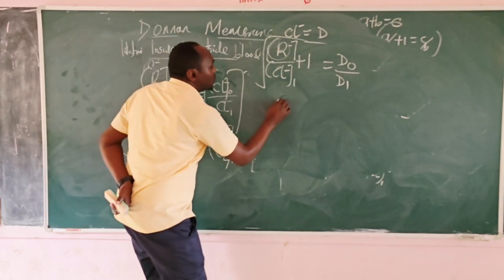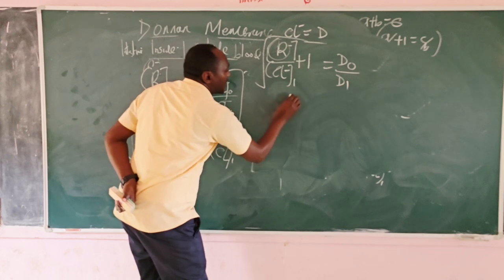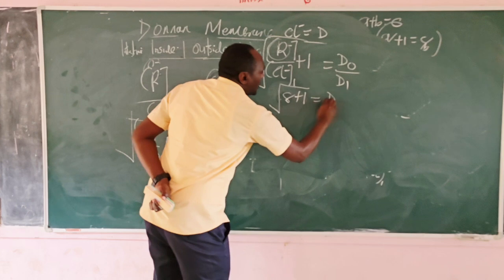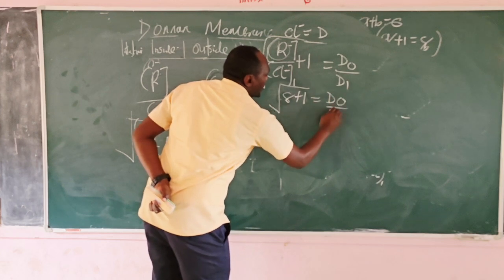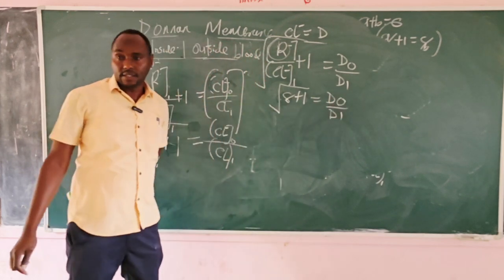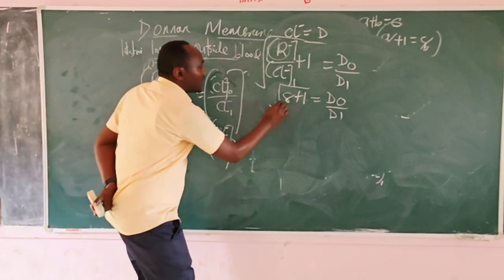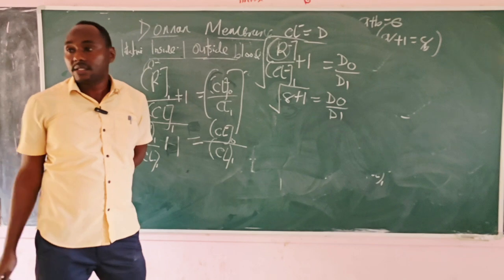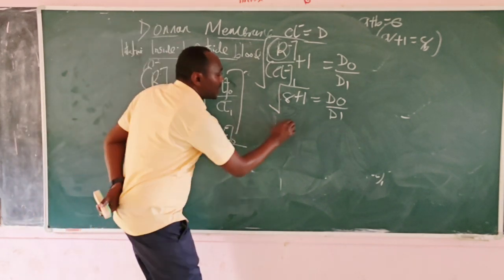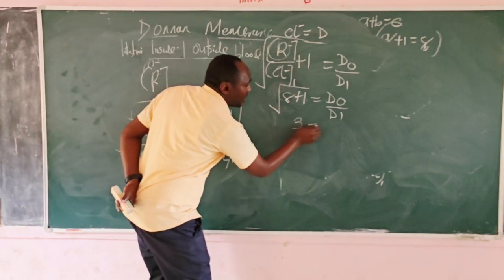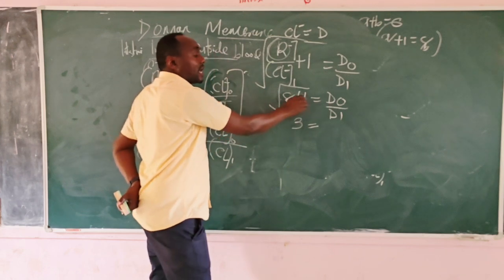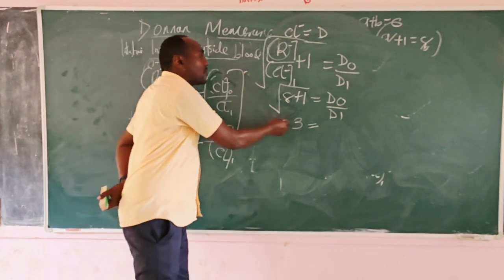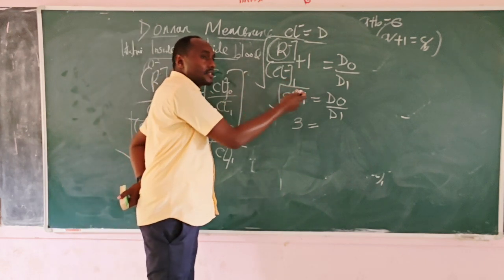It's going to be the square root of 8 plus 1 is equal to drug outside over drug inside, right? What is the square root of 9? The square root of 9 is 3.